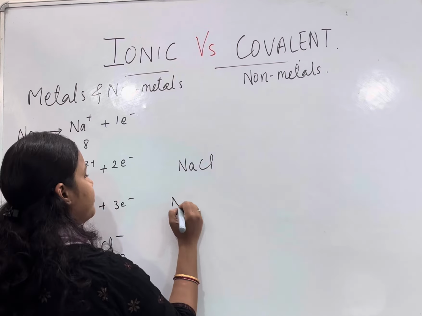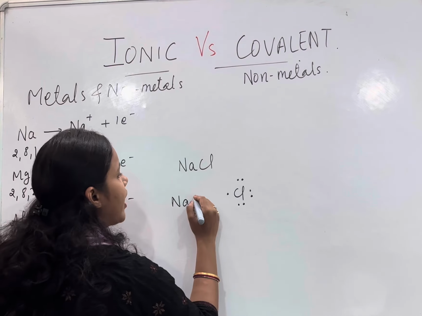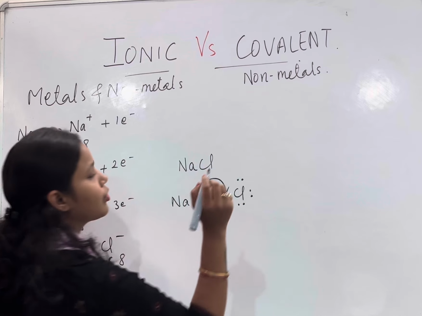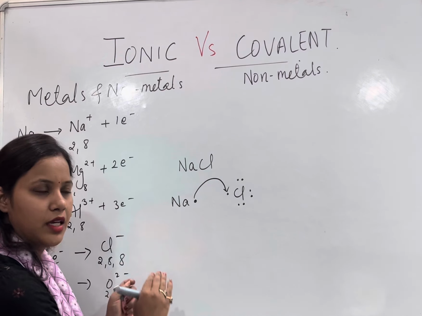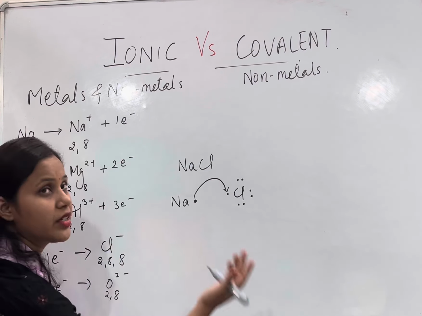Sodium can lose 1, chlorine can accept 1. So sodium transfers 1 electron to chlorine, giving its electron to chlorine, thus acquiring a positive charge, and chlorine after gaining an electron forms a negative charge. So this is an ionic bond which is formed between sodium and chlorine.